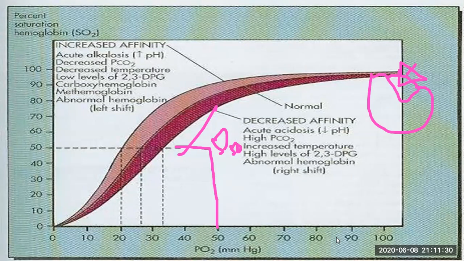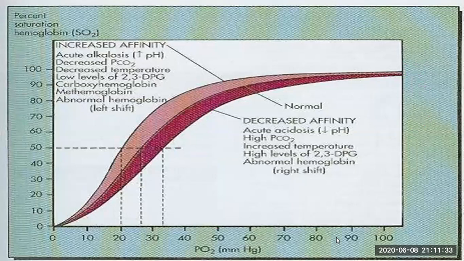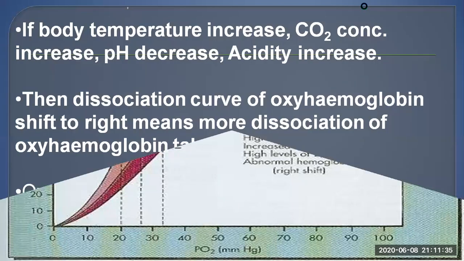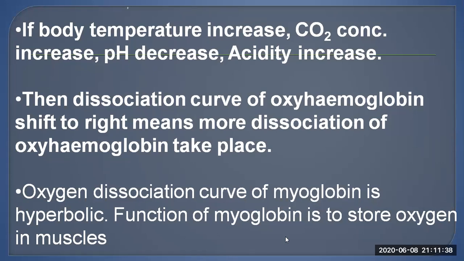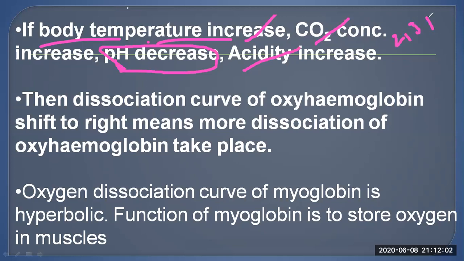And the four factors which generally affect it, I had already told, so you should learn them. Now here you can see what I already described in that slide, it is the general explanation. If the body temperature increases, CO2 concentration increases, pH decreases, acidity increases, and 2,3 BPG concentration increases. So this is very important: everything is increasing except the pH, which decreases.